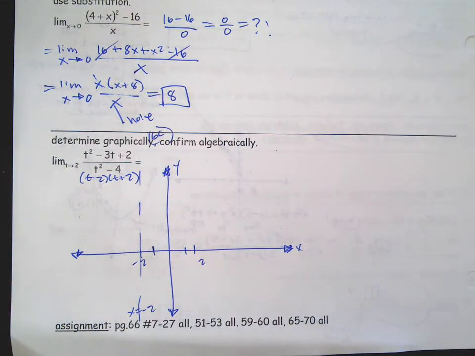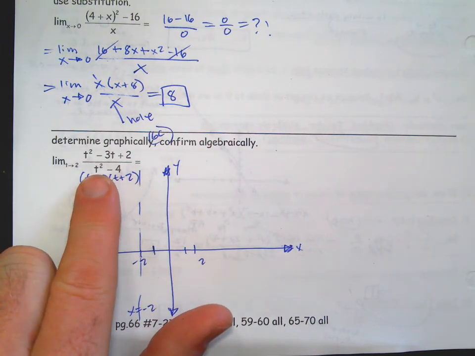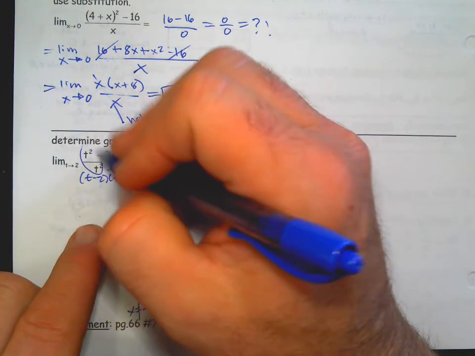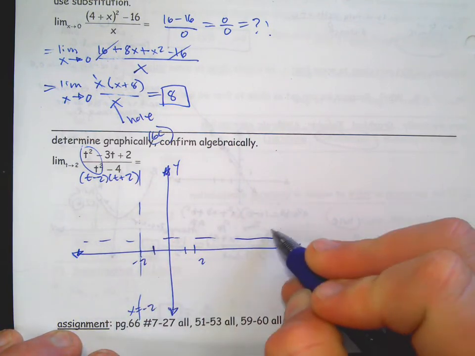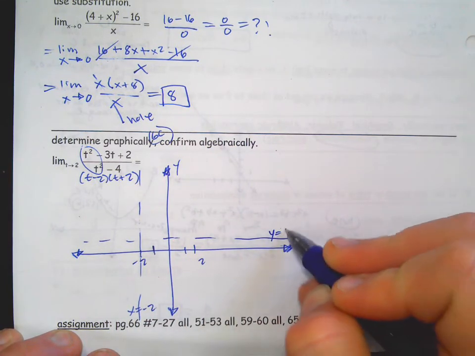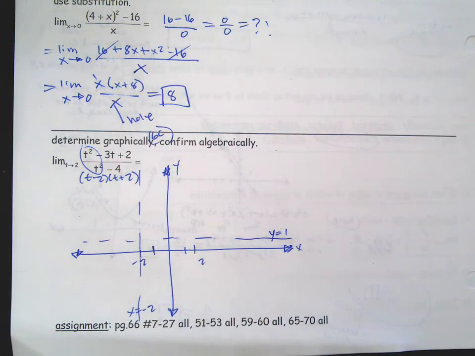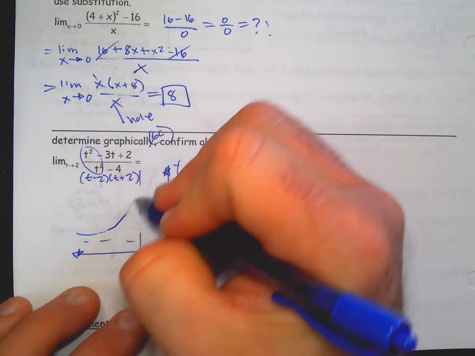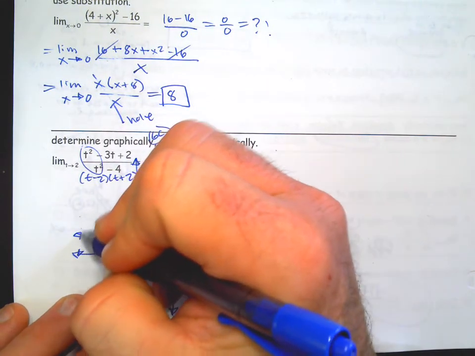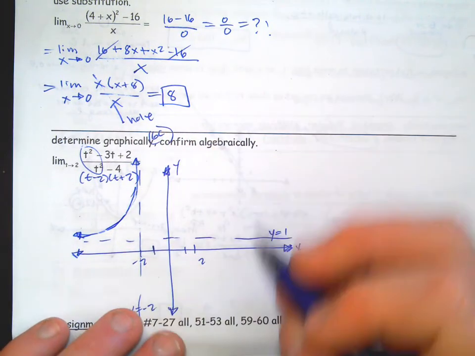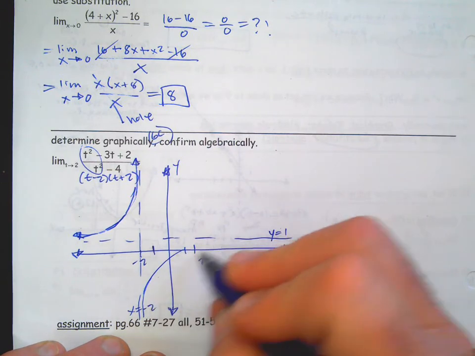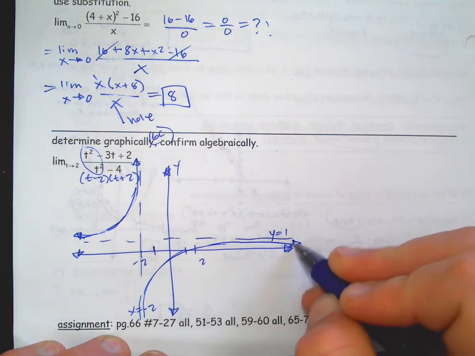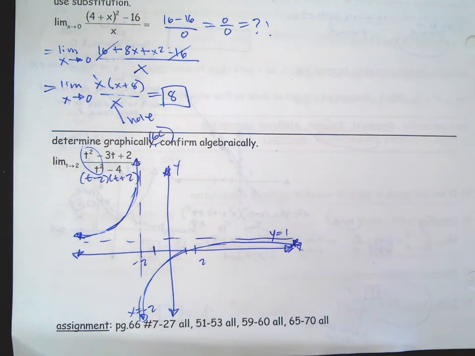So end behavior, by the way, if we go to infinity, these are the dominant terms, and they're going to go to 1. So the horizontal asymptote is going to be y equals positive 1. And so then the graph looks like it's going like this. And then over here, it looks like it's crossing somewhere over there. Whatever. Okay.